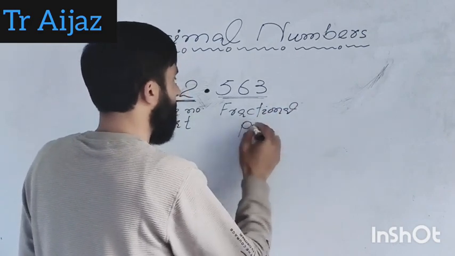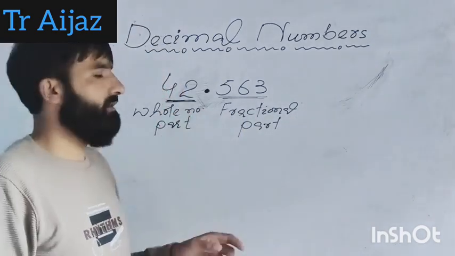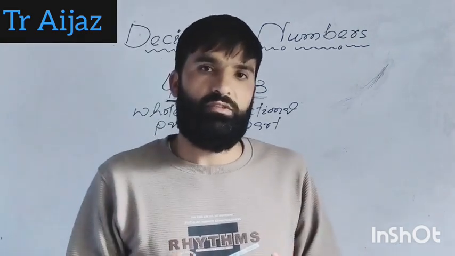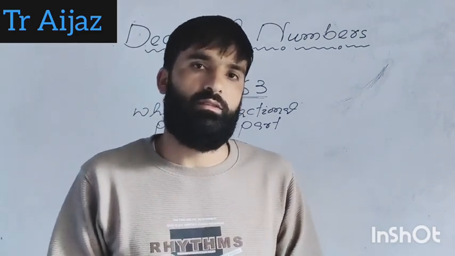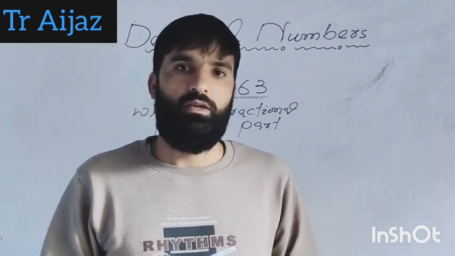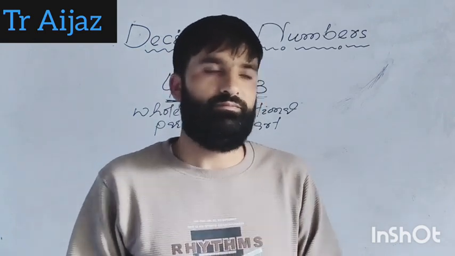So the fractional part of this number is 0.563. So remember, whenever you see a decimal number, there are two parts. The first part, before the point, is known as the whole number part, whereas the second part, after the point, is known as the fractional part.